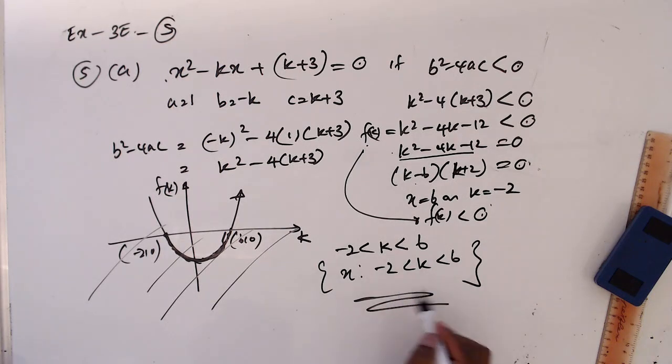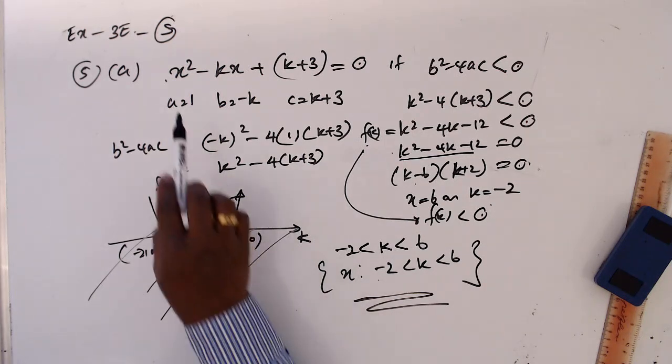Finally, what is the meaning of this? If you pick up any value from minus 2 to 6, then you will not get a root for this equation.